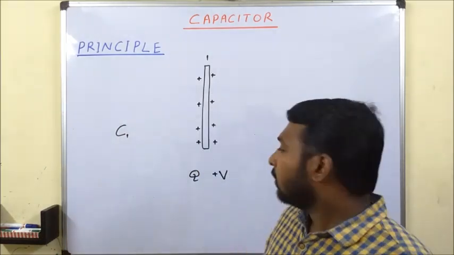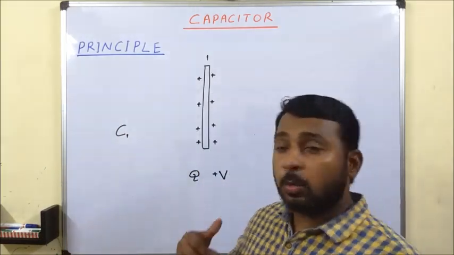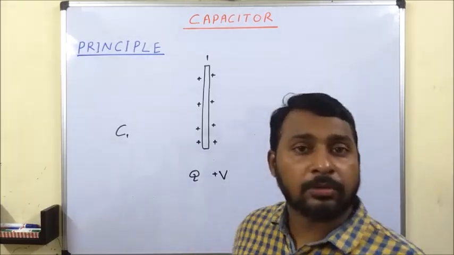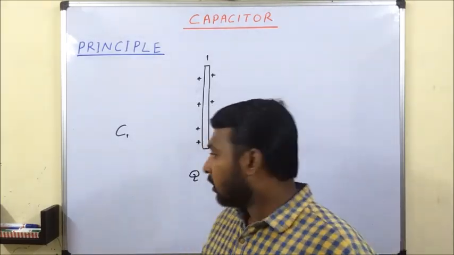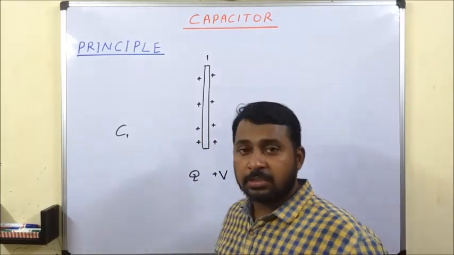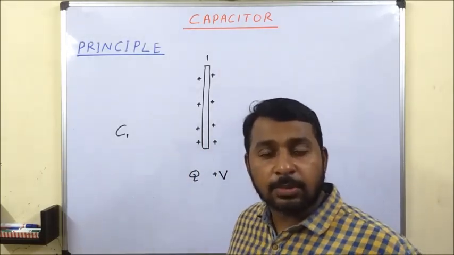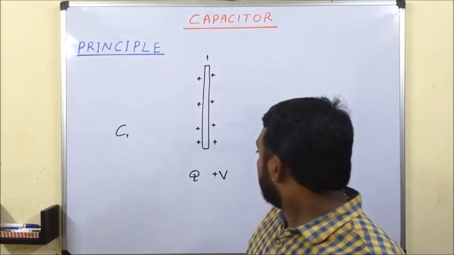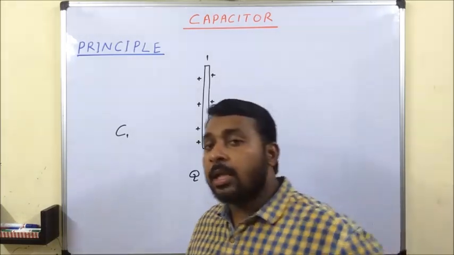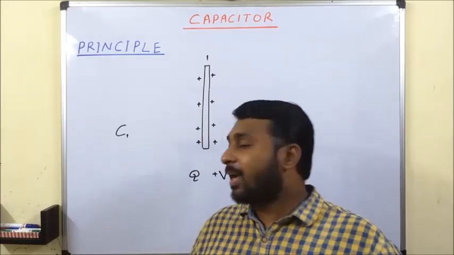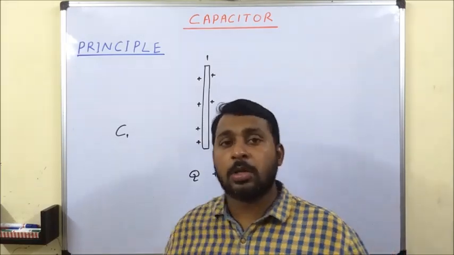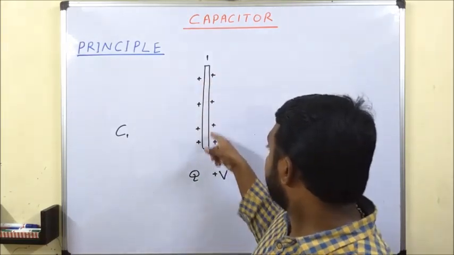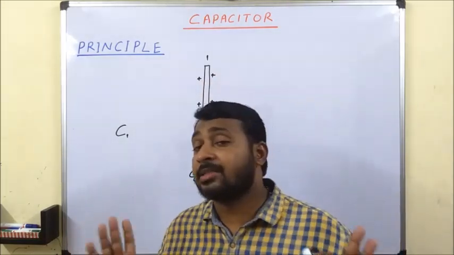Now, we have to add more charge. We have to charge it further, but the capacitance is completely filled. Now it's not possible. Let us see, is there any other way to charge it? We know there are three factors affecting capacitance. The first one is the size and shape, but we are not allowed to change the size and shape.